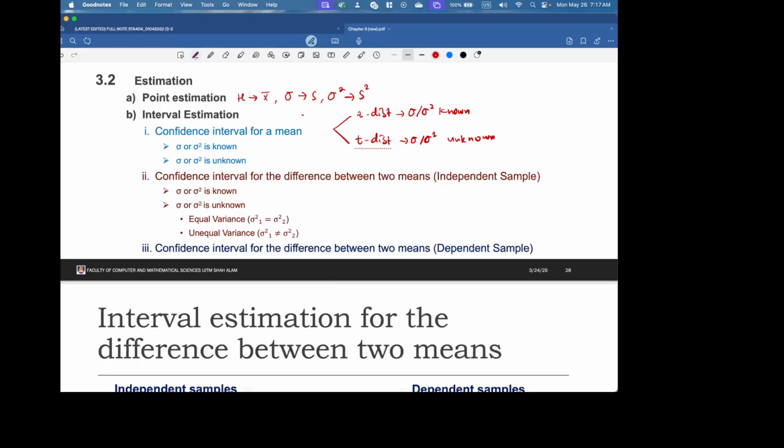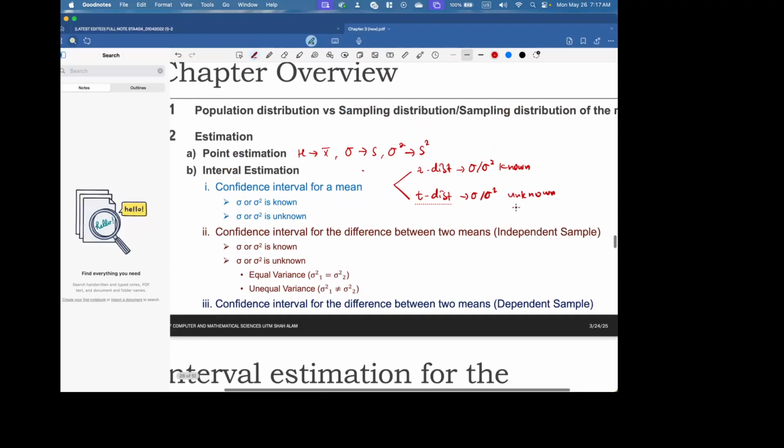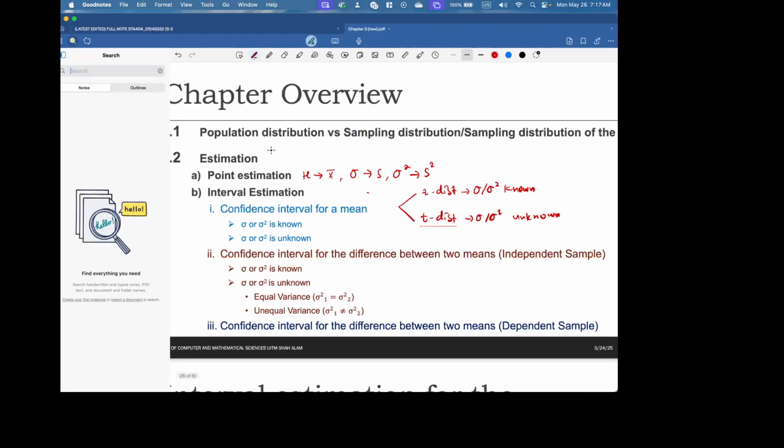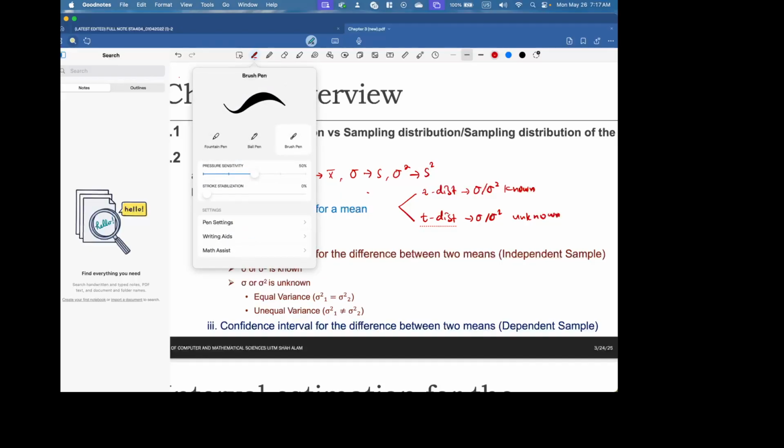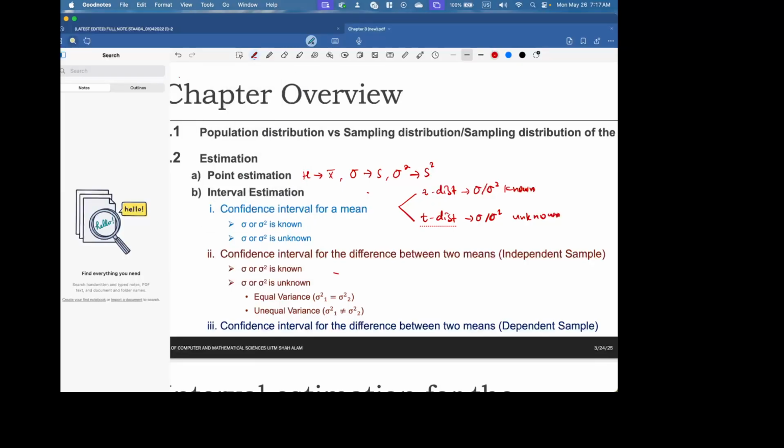The Z distribution and T distribution values are actually from your statistical tables, the stats table.